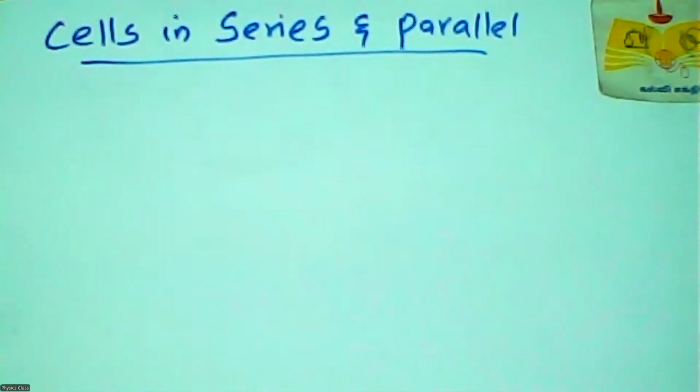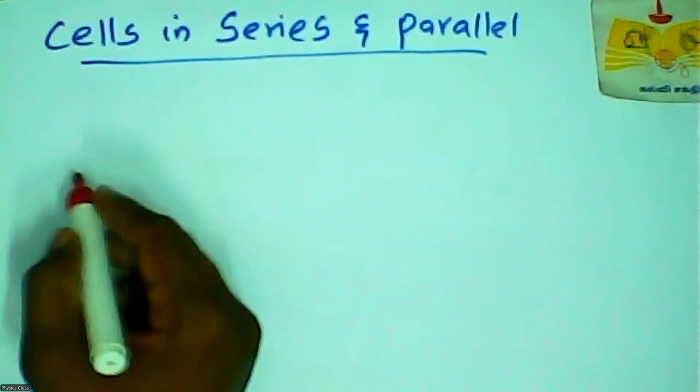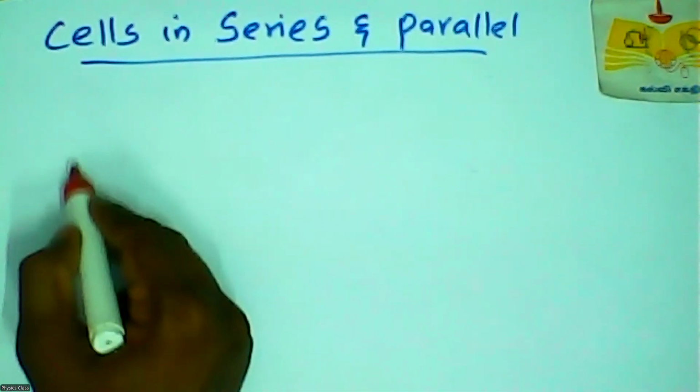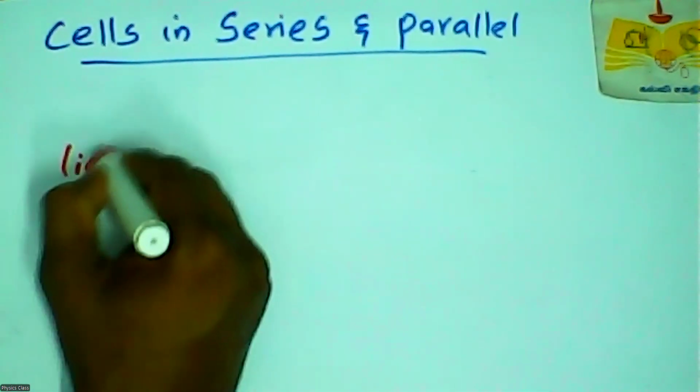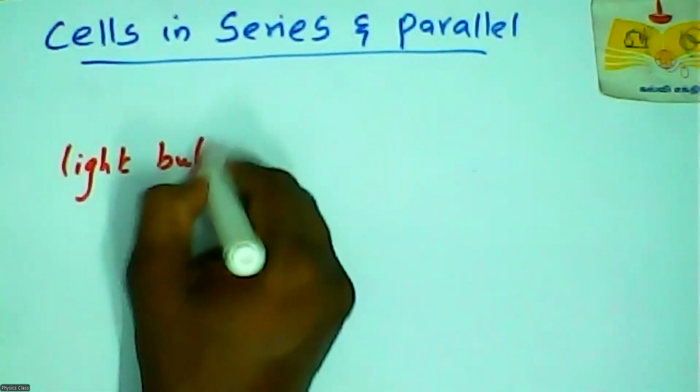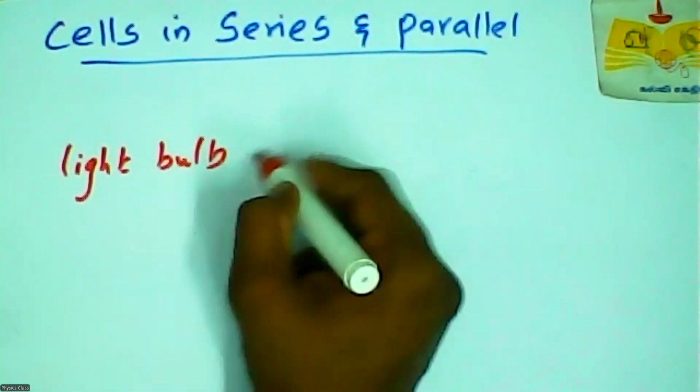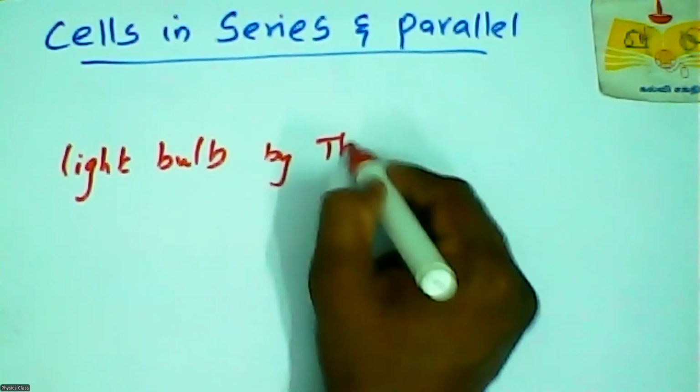Okay. So before we start, I want to share a quick thought with you. Think about the invention of the light bulb. Already you know that name, Thomas Alva Edison.